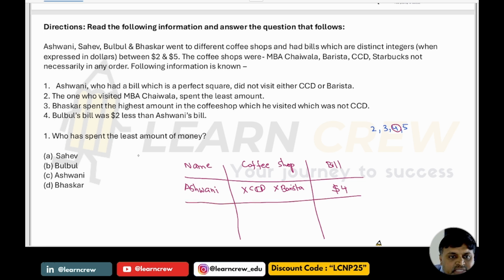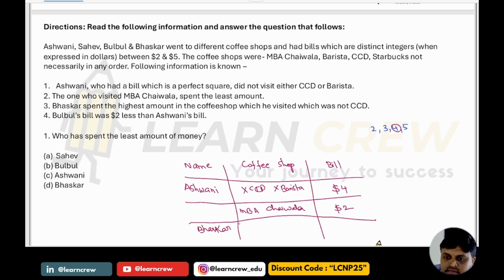Next, what about second? The one who visited MBA Chaiwala spent the least amount. So what does it mean? MBA Chaiwala, least means out of all these figures 2, 3, 4, 5, the least is $2. So MBA Chaiwala $2. Now Bhaskar spent the highest amount and the coffee shop which he visited was not CCD.